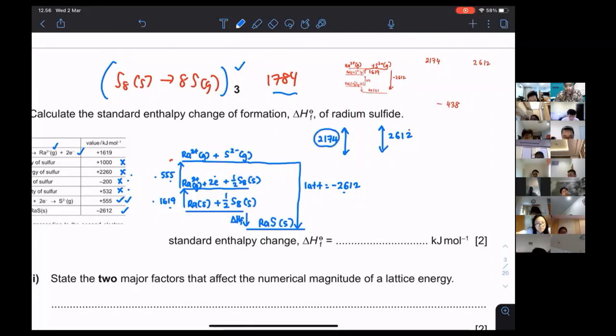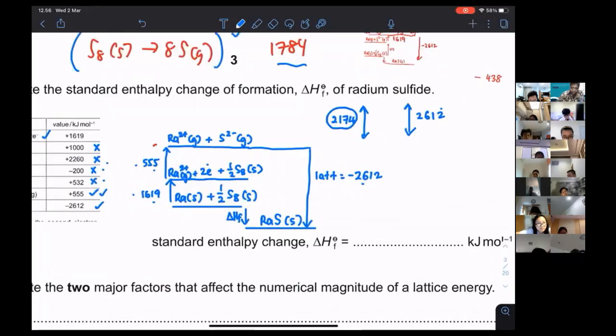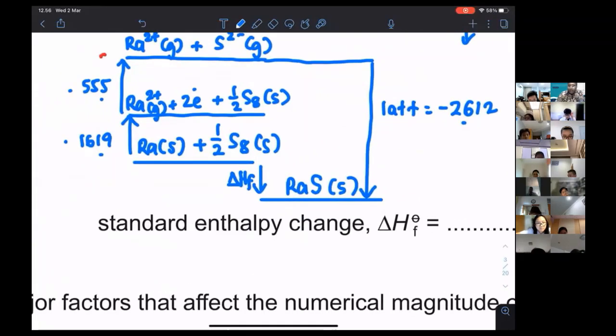It means that your enthalpy of formation must be going down. If it is different, then I have to erase this part, the enthalpy of formation, and I need to bring it up. In this case I no need to do that, which is consistent.